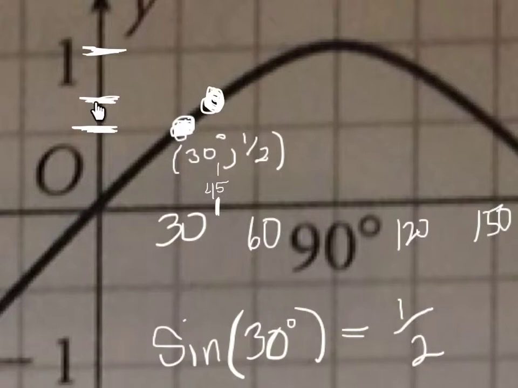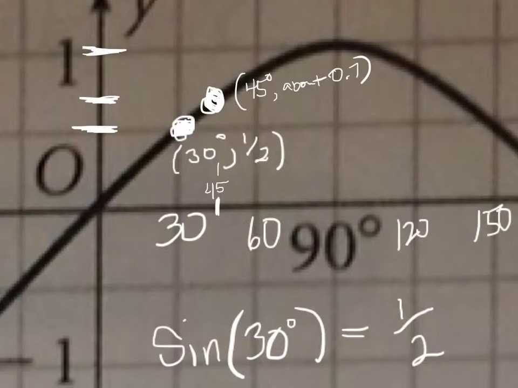If this is 0.5, how far do you think this is? Looks like 0.7. So let's say this is 45 degrees, and then about 0.7.